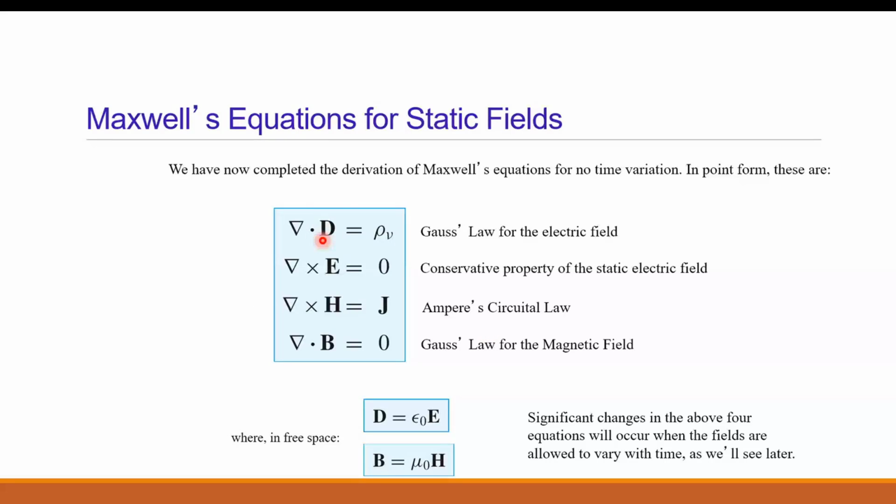Whenever you want to represent any electromagnetic wave in terms of an equation, we have to start with these 4 equations and represent these quantities in terms of time variation and space variation. Okay, so now this is static field, but we are going to use the same equations for time varying fields. So these are the 4 major equations of Maxwell for static fields.